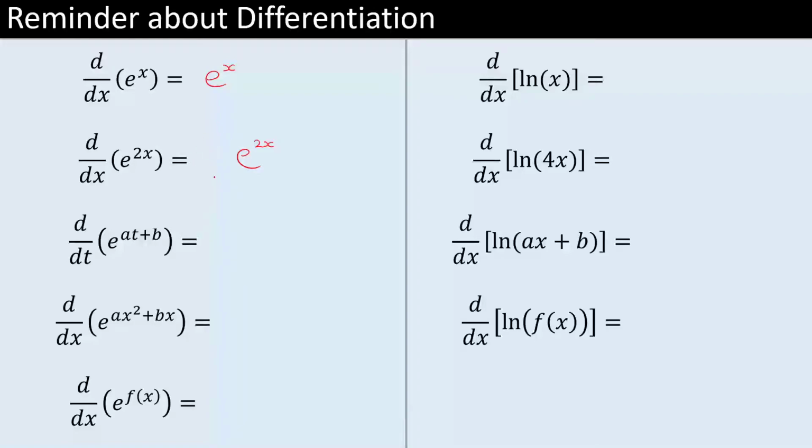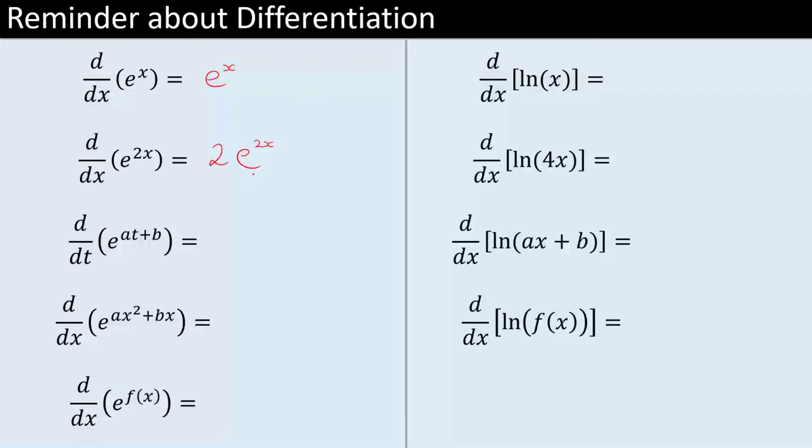So just have a think to yourself, can you remember what that multiple will be? What would we put in front of this e to the 2x for our derivative? So for this, what we actually put down is a 2.